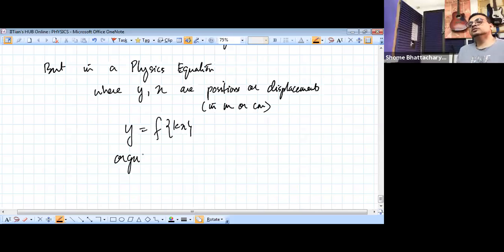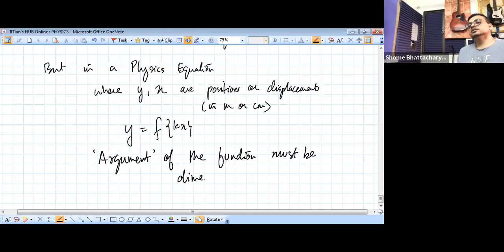The argument of the function, what we apply the function to, must be dimensionless.